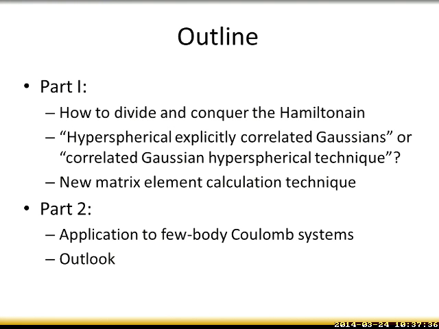In particular, what I'm interested in sharing today is what we've done to improve the technique in terms of improving and speeding up the matrix element calculations, because in the end it's just a basis set method. And then I'm going to finish up by talking about the Coulomb systems that I've been studying.